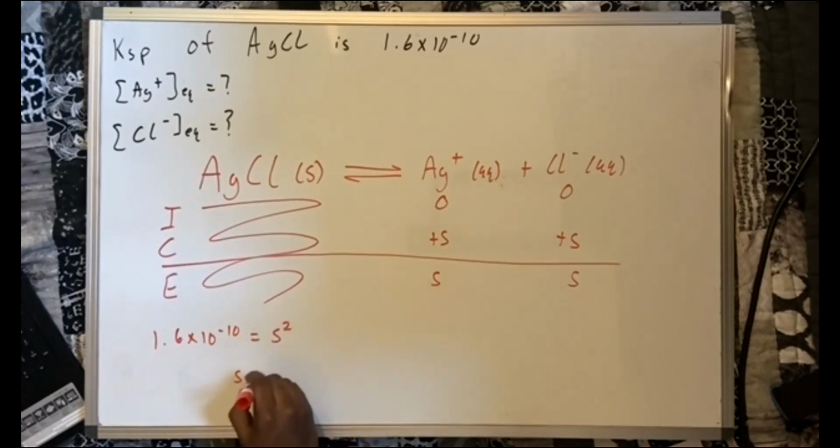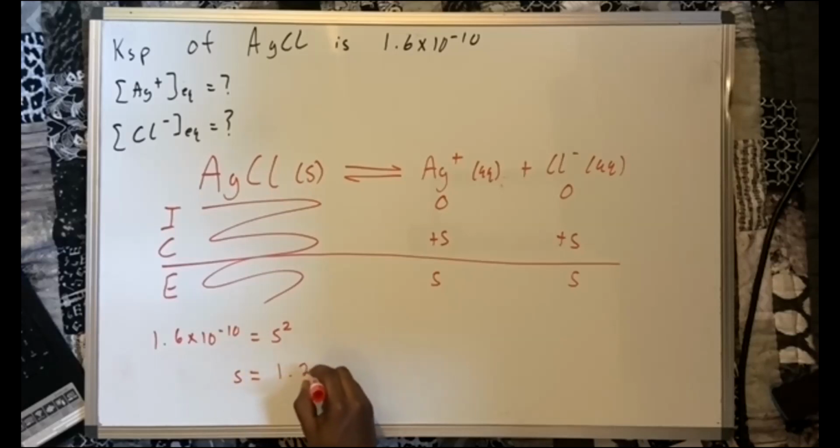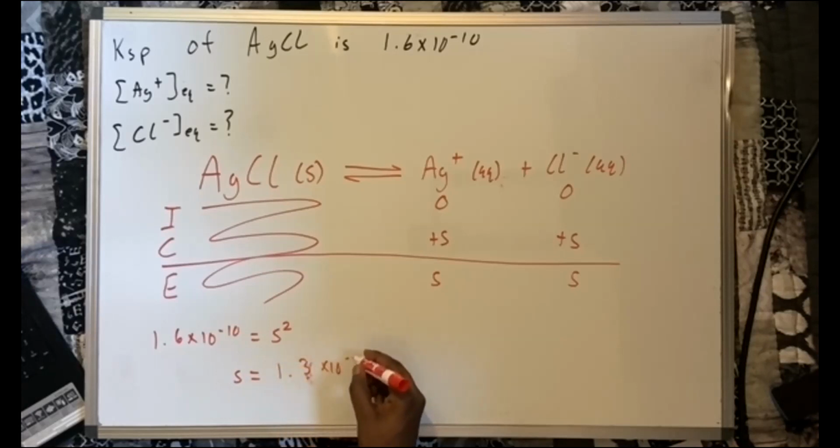So S is 1.3 times 10 to the negative 5th moles per liter.